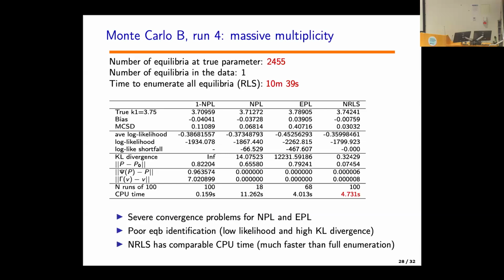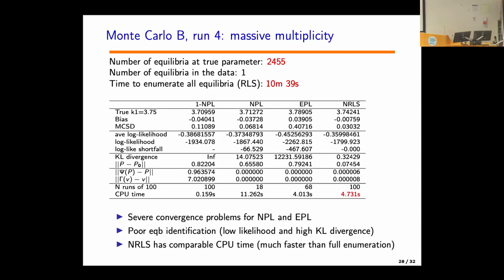You take the max, that's your likelihood, and then you change parameters again, and then another 10 minutes. That's not what we're doing. We're doing NRLS, and that only takes 4.7 seconds to estimate the whole loop, searching over both the equilibrium selection and the structural parameters.